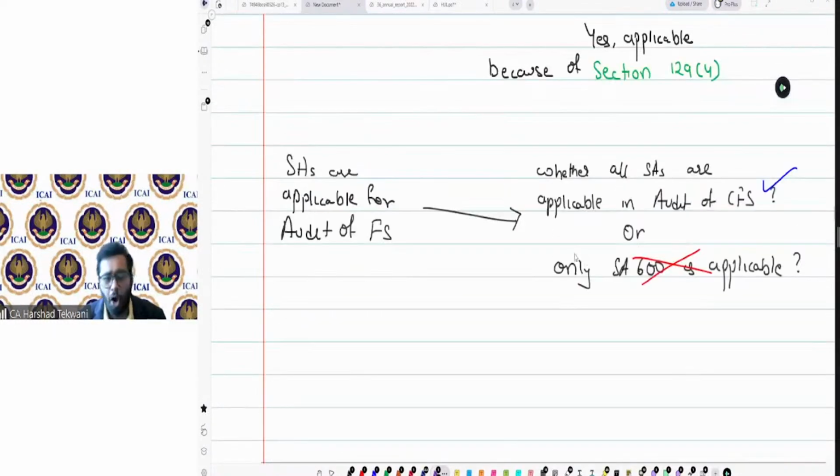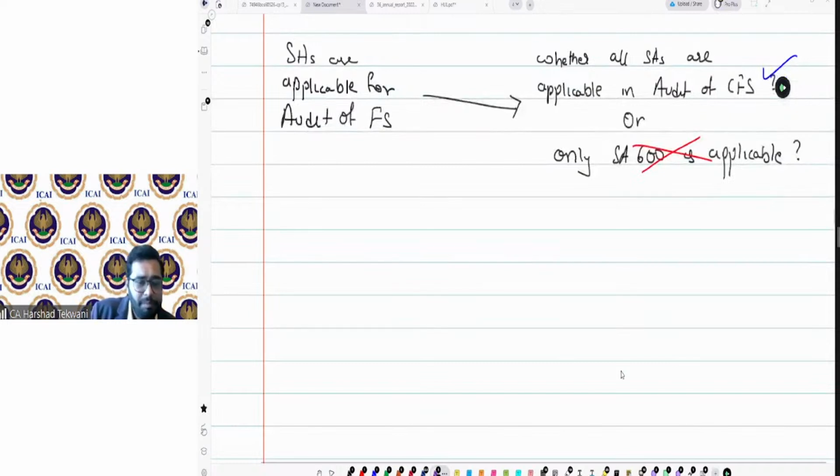Now, when I say all SAs are applicable, the point is that the SA 700 series is also applicable.